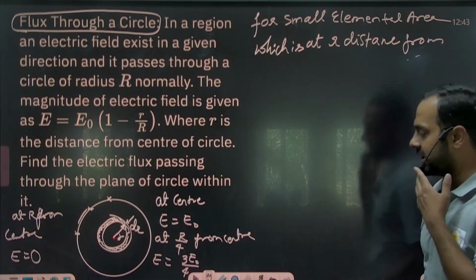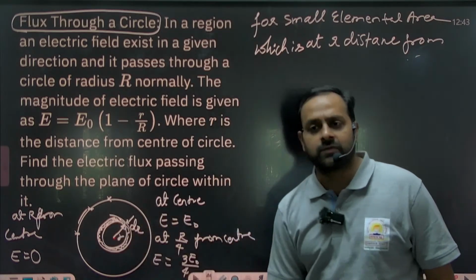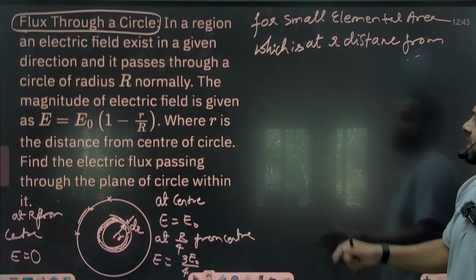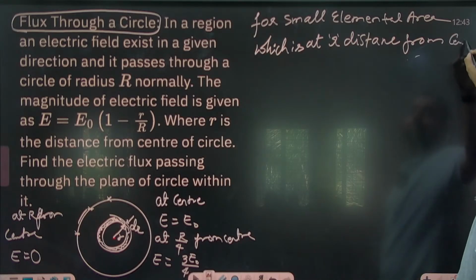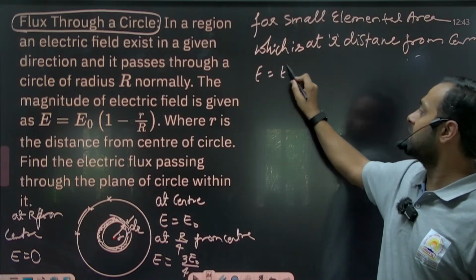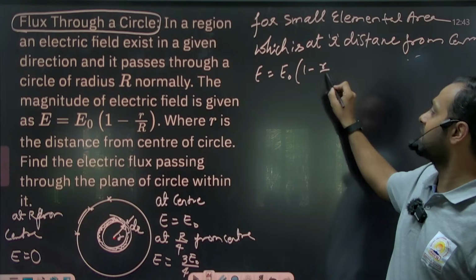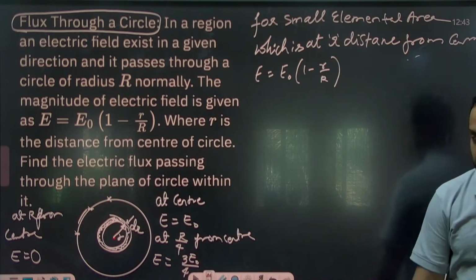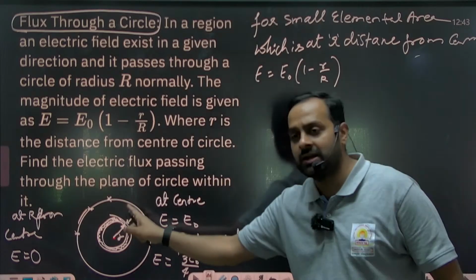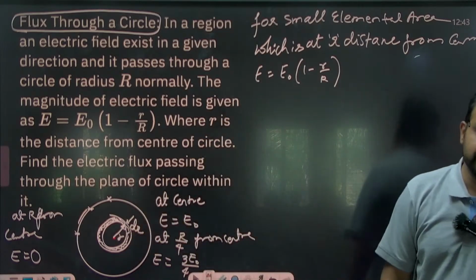We are taking a small elemental area here, which is at distance r from the center. The electric field will be equal to E naught into 1 minus small r divided by capital R. Yes, for this entire small area, the electric field is constant.